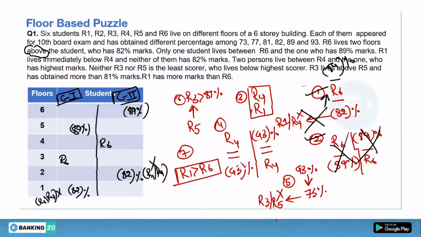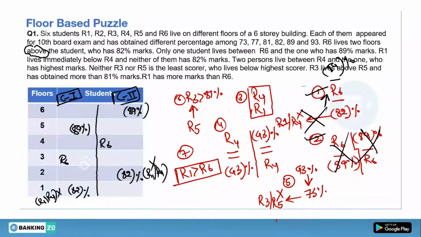Now we know that between R4 and 93 there is a gap of 2 floors, and just below R4 R1 is living, so we can put this hint. See, 93 can come here, and 2 floors apart R4 can go there.